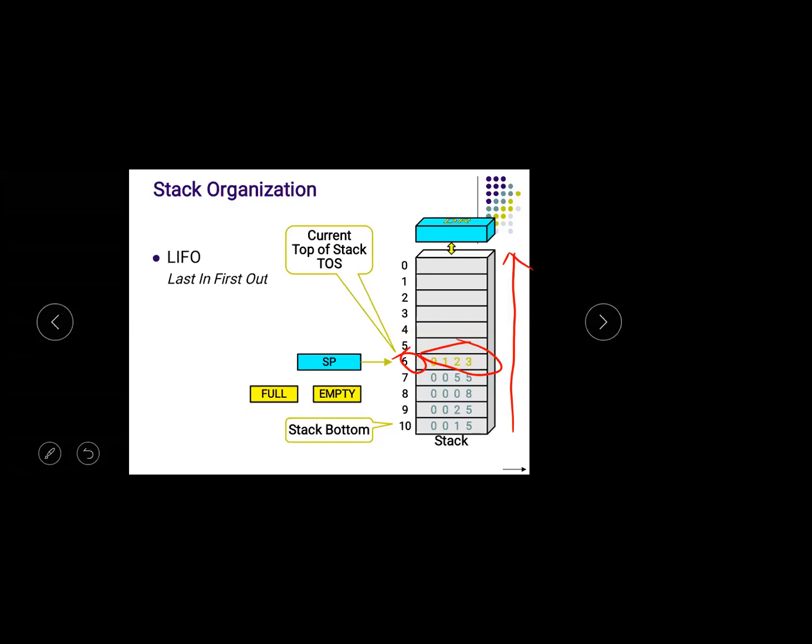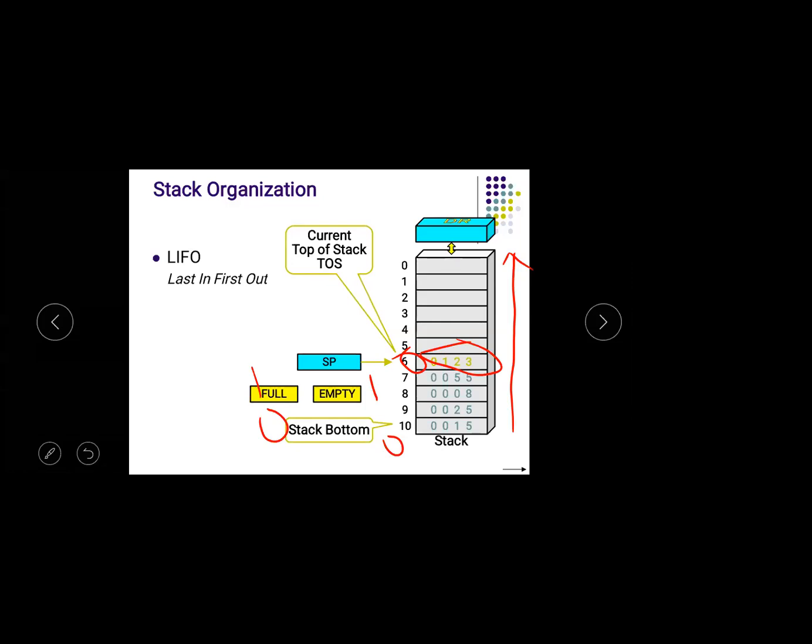Otherwise full is set to 0. Empty is set to 1 when all the registers in the stack are empty. Otherwise the empty flip-flop is set to 0.